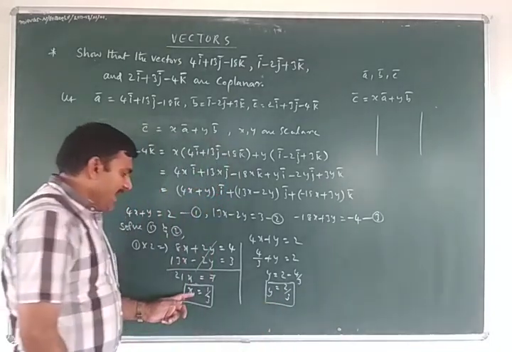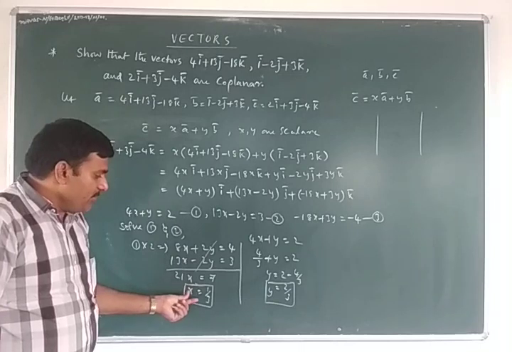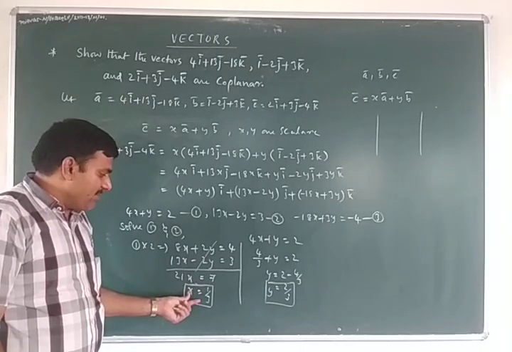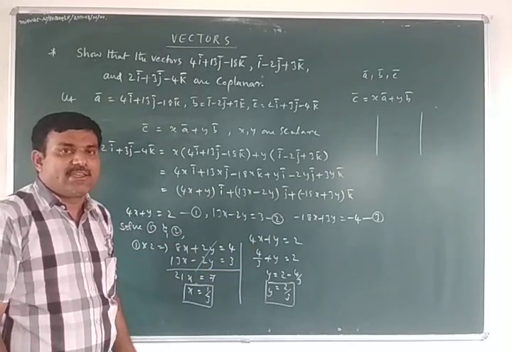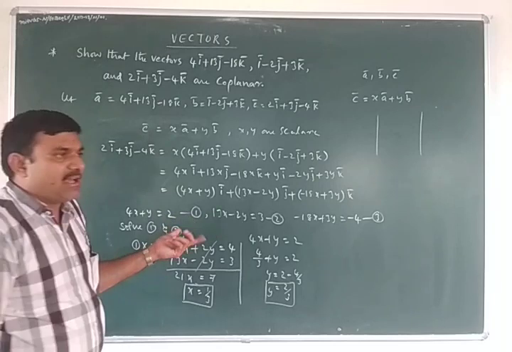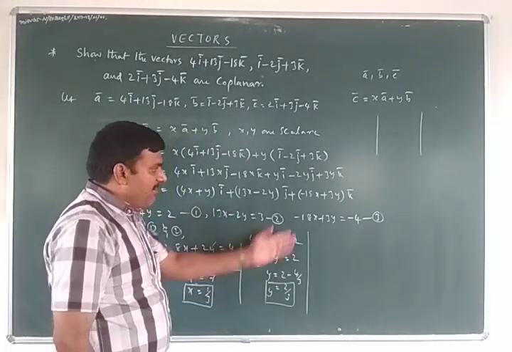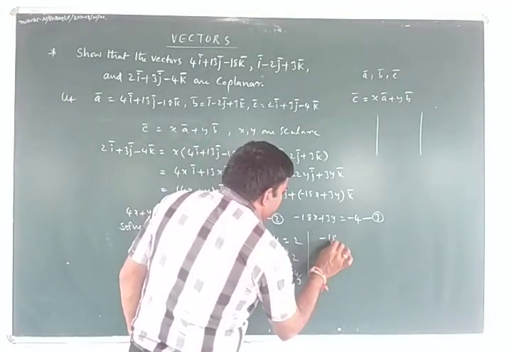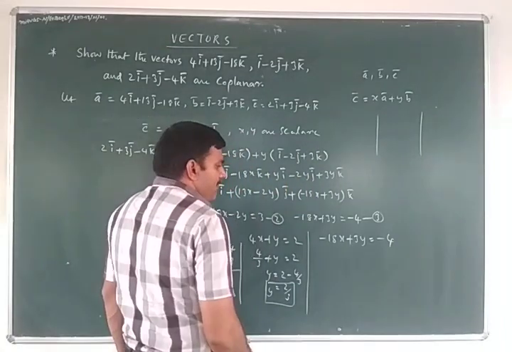Now I got the x and y values by solving equations 1 and 2. Now these x and y values we substitute in the third equation; if they satisfy the third equation, then the given vectors are coplanar vectors. I am substituting the x value and y value here. That is minus 18x plus 3y is equal to minus 4.